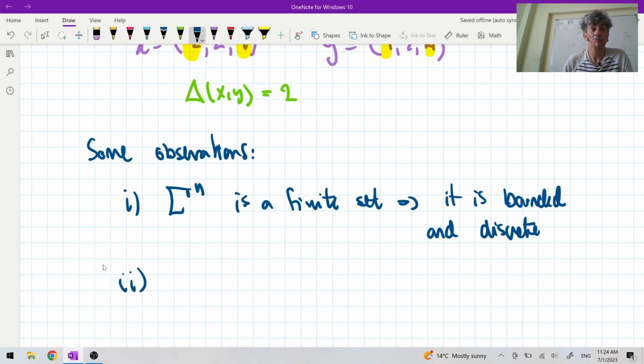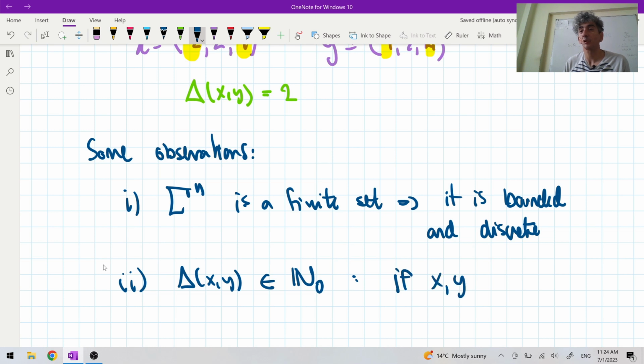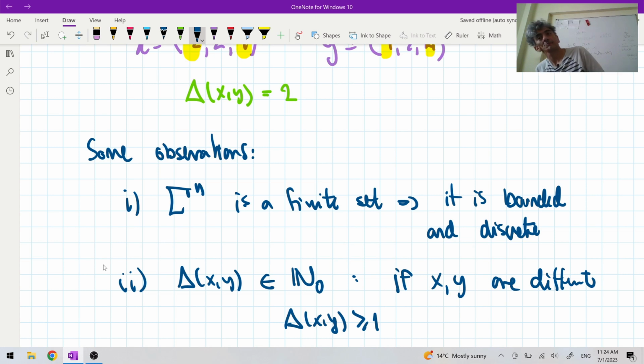Second of all, the distance between any two points of sigma to the n is actually a non-negative integer. That is, if x and y are different, then their distance is greater or equal to 1, right? And this will come in handy to answer some questions about what we can say with this set.